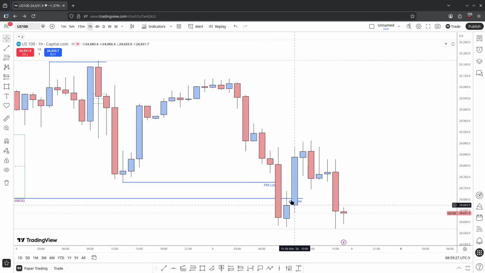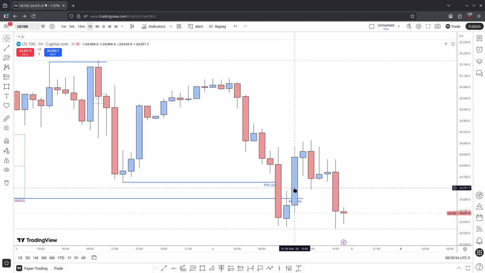You wouldn't want to be longing here because the rule says price needs to reject and close back inside, back above the high if I'm looking for a long, or if I'm looking to short, then it needs to close back below the low. So as soon as this closes higher, there I can't go in looking for a long.